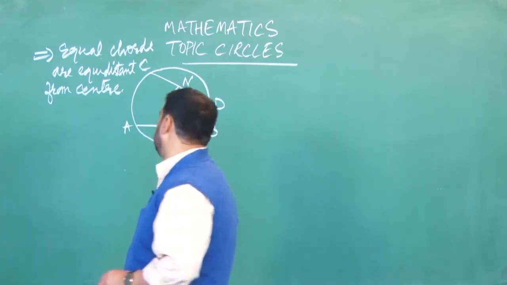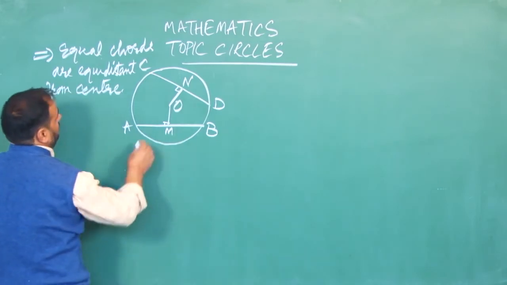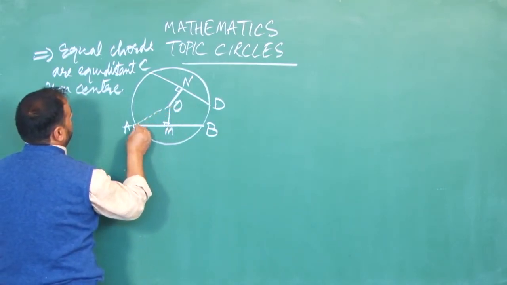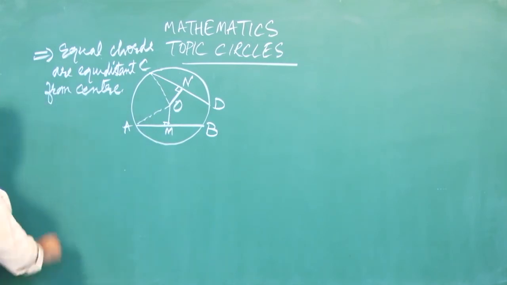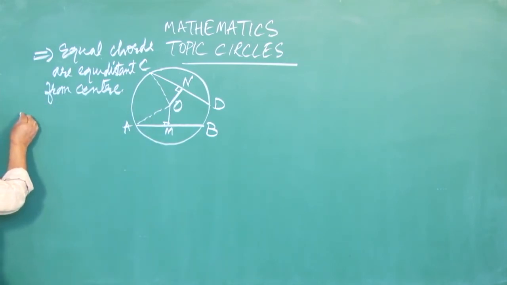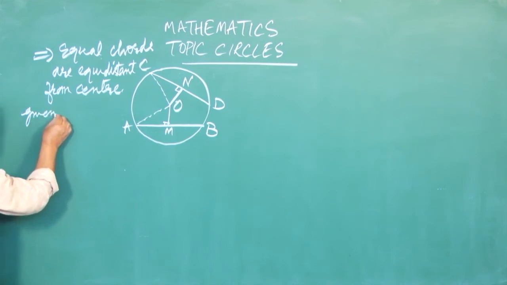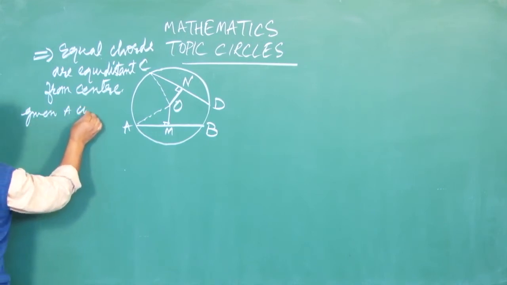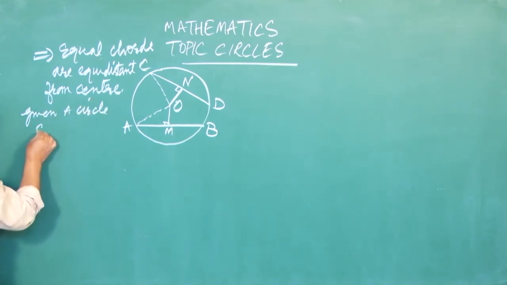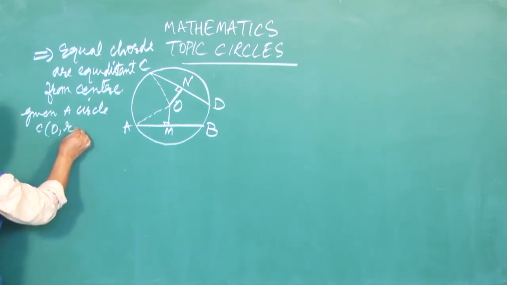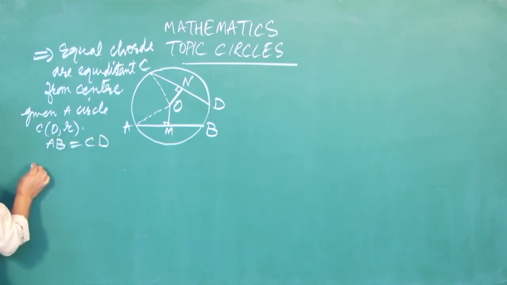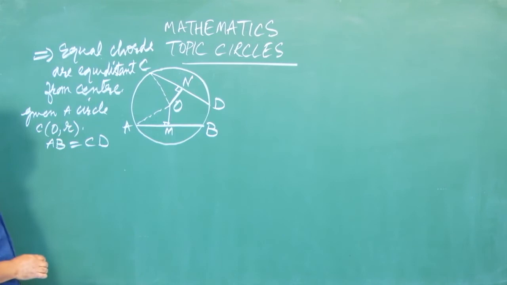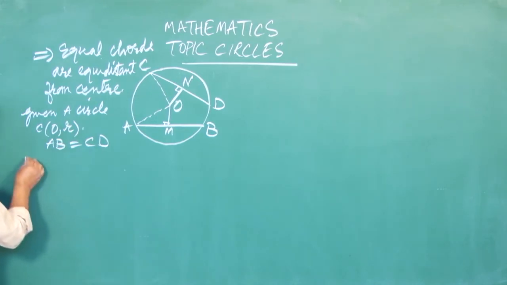Now, how is this to be proven? We have to join O with A and then O with C. Now, we will proceed with the proof. Given a circle with center O and radius R, and we are given AB is equal to CD, and we are going to prove that both the equal chords are equidistant from the center.